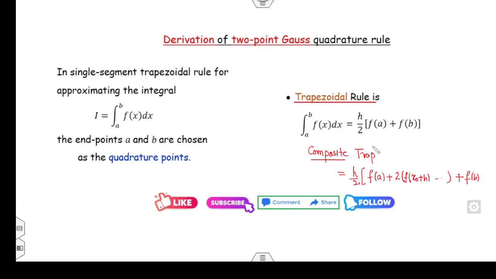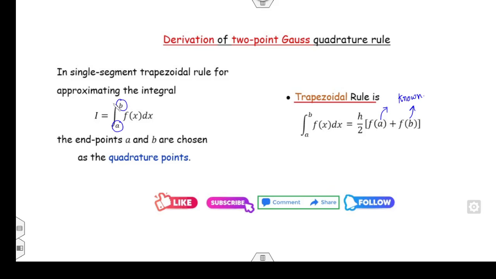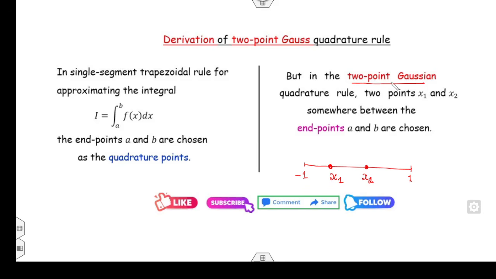Because if you look at the trapezoidal rule formula, the values of a and b are both known to us because these are the limits, the endpoints. But in the two-point Gauss quadrature formula, we have to choose x1 and x2 in between a and b, and these are unknown.